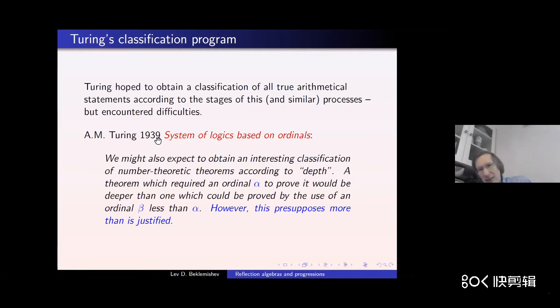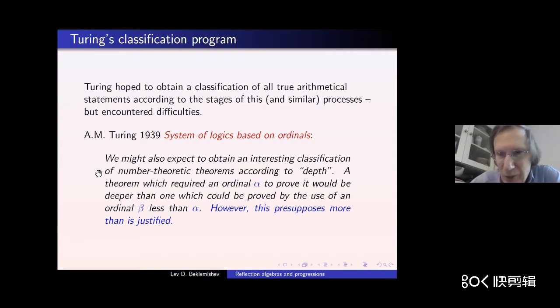That's how he puts it in his paper, published in 1939, System of Logic Based on Ordinals, in Proceedings of the London Mathematical Society. He writes, we might also expect to obtain an interesting classification of number theoretic theorems according to depth, in quotes. A theorem which requires an ordinal alpha to prove it would be deeper than one which could be proved by the use of an ordinal beta less than alpha.